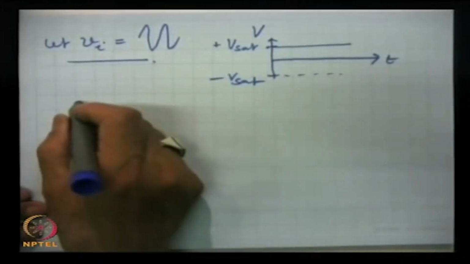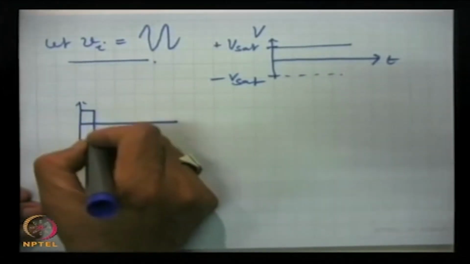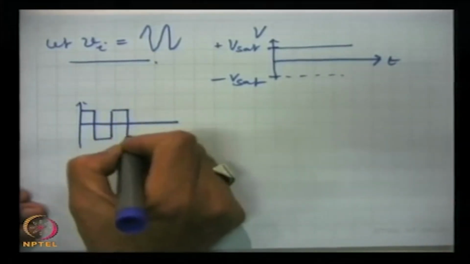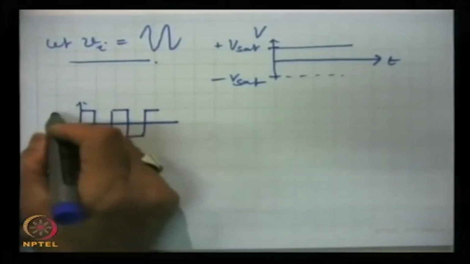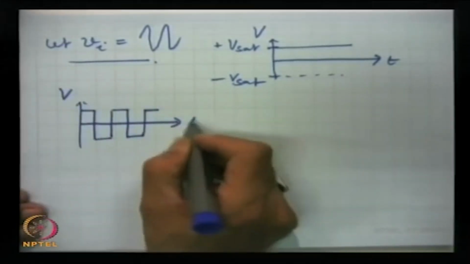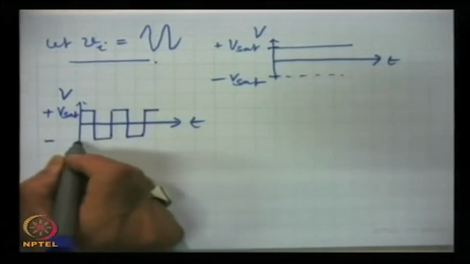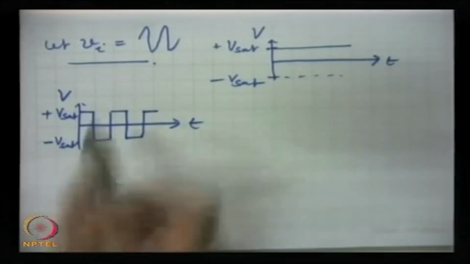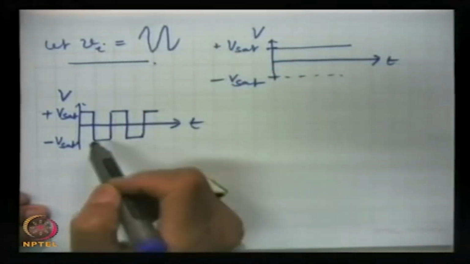So, if this is the input, the output will be this. This is the output voltage, time, plus Vsat, and here this is minus Vsat. This is highly distorted. This is not the replica of the input.